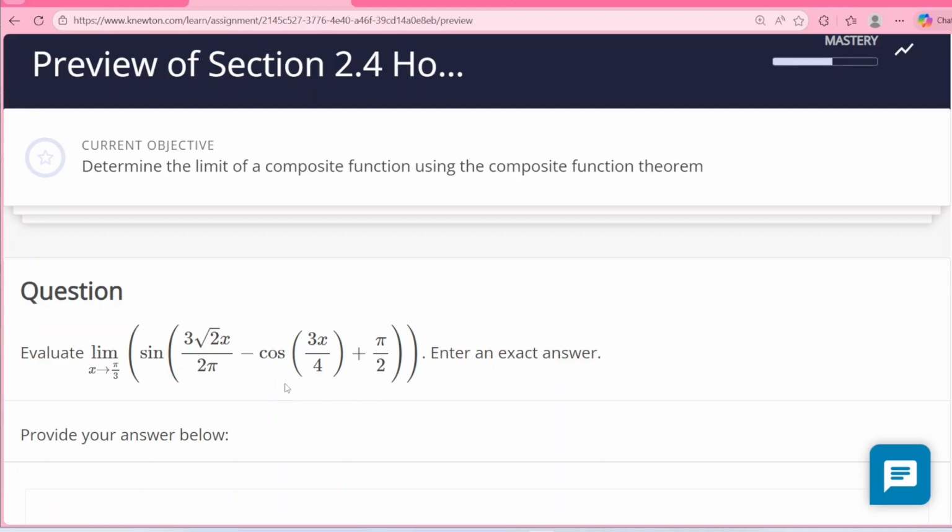So if you have a crazy looking function like this, as long as it's defined at the value your limit's going to, you can just do a direct substitution to find the limiting value.